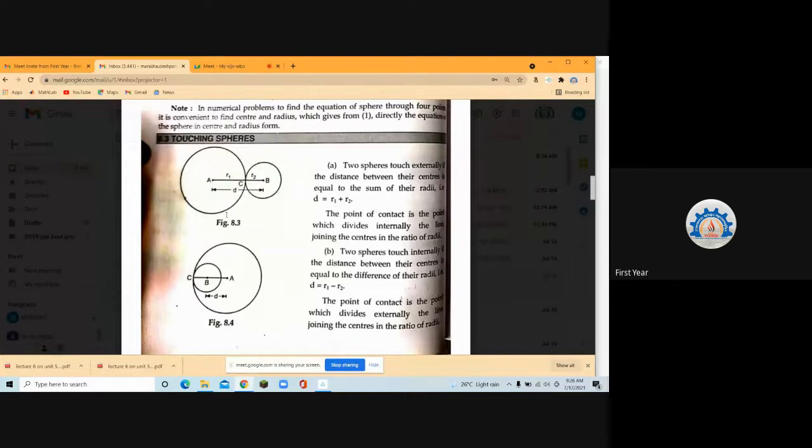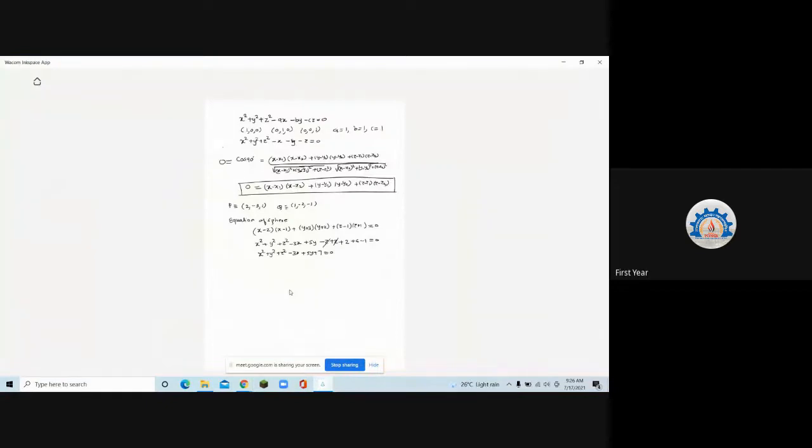S1, sphere 1 is x square plus y square plus z square is equal to 25, and sphere 2 is x square plus y square plus z square minus 18x minus 24y minus 40z plus 225 is equal to 0.